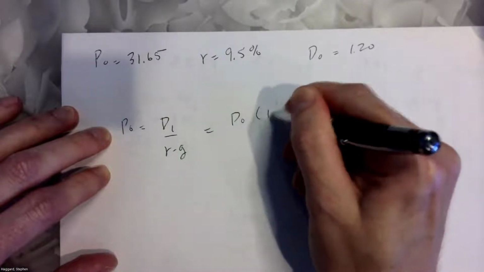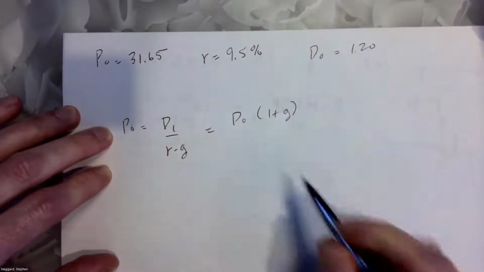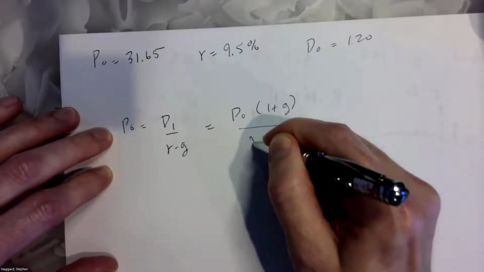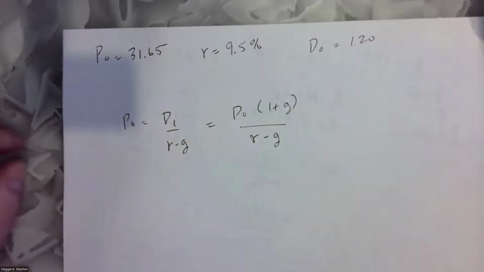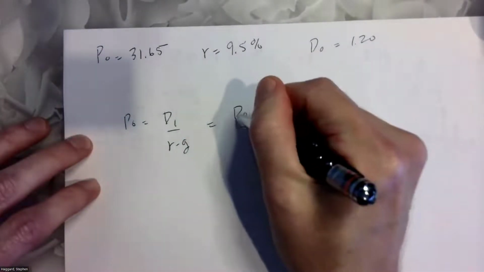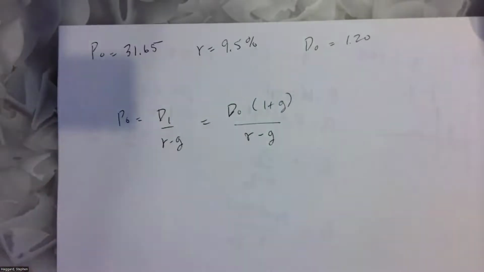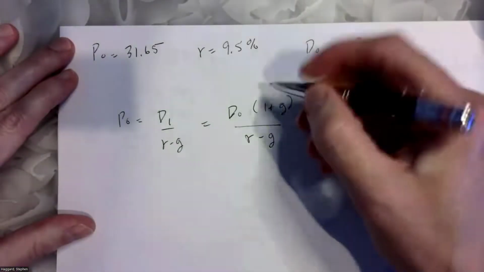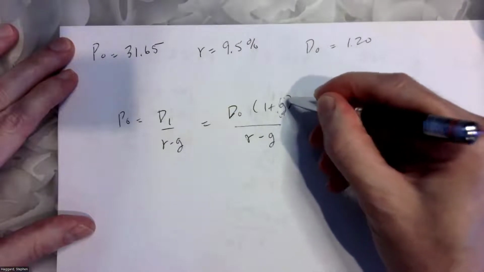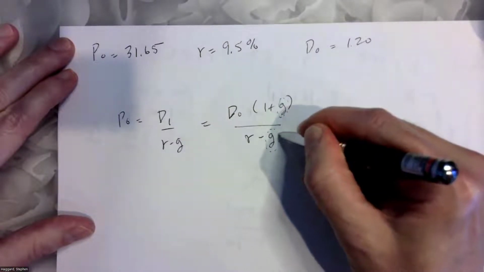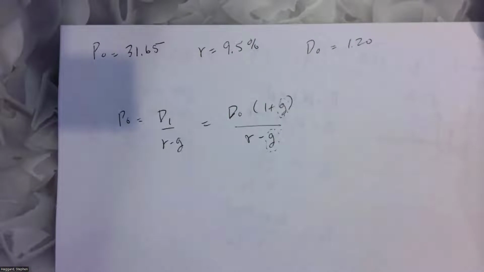And so we're going to have to multiply by 1 plus G, divide by R minus G. My P's and D's look too much alike. Okay, now here is the problem. This variable that we're trying to find is actually in 2 places. And this usually freaks students out. But with a little bit of algebra, we can handle this with no problem.